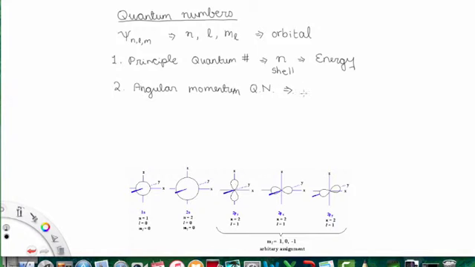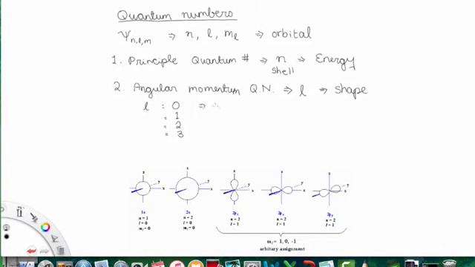And this is given the value of l, so the one that I showed right here. And this determines the shape. So l can range from 0, 1, 2, and 3. And each of these correspond to different orbitals that we just talked about.